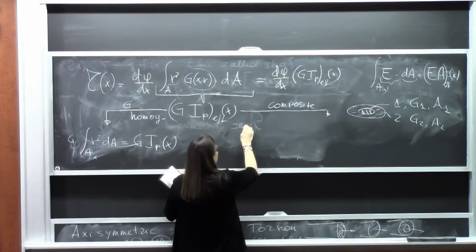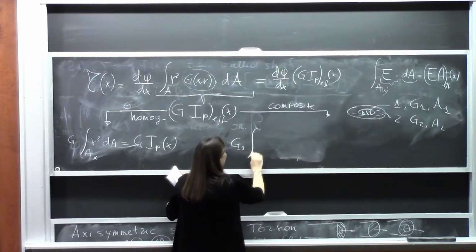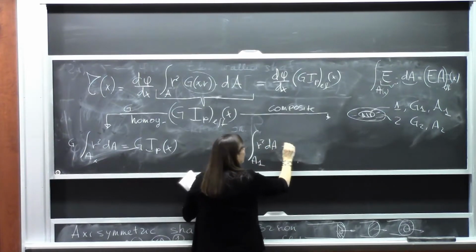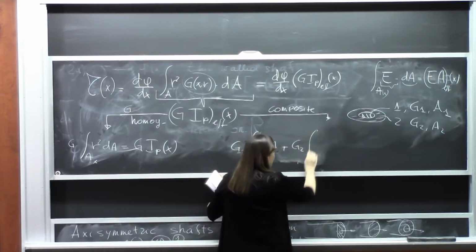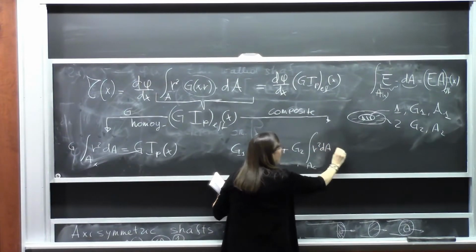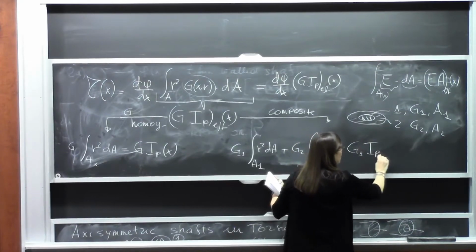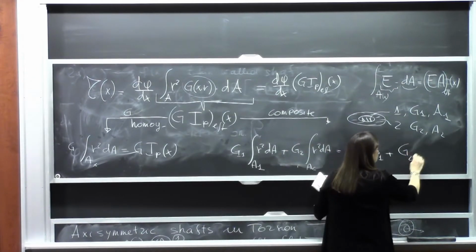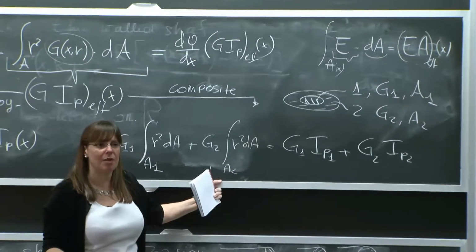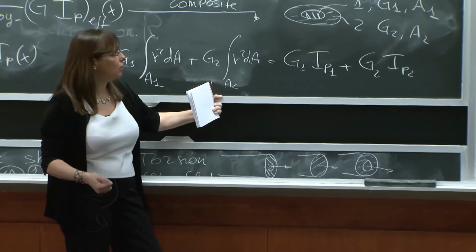It's going to be G1 times the integral over area 1 of r squared dA plus G2 times the integral over area 2 of r squared dA. And this is going to be G1 Ip1 plus G2 Ip2. Same as we were doing E1 A1 plus E2 A2 in axial loading.